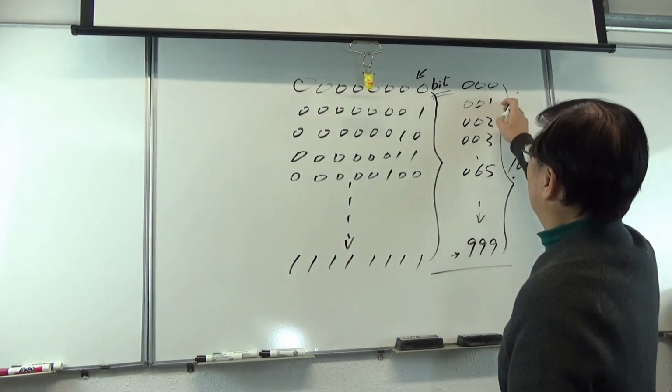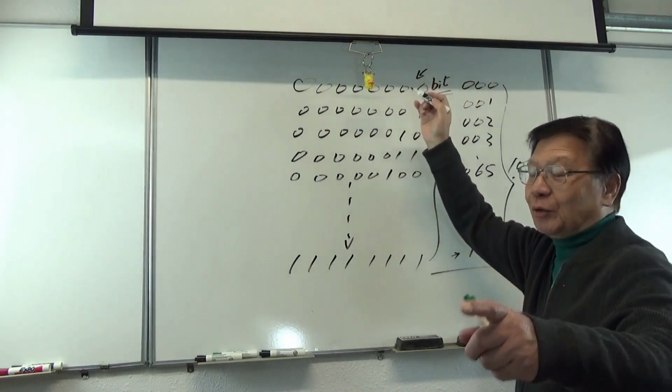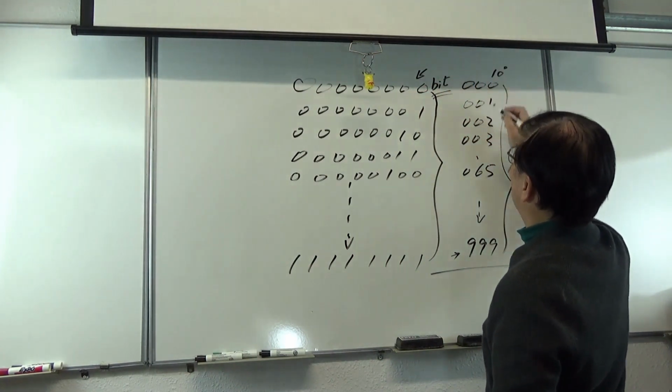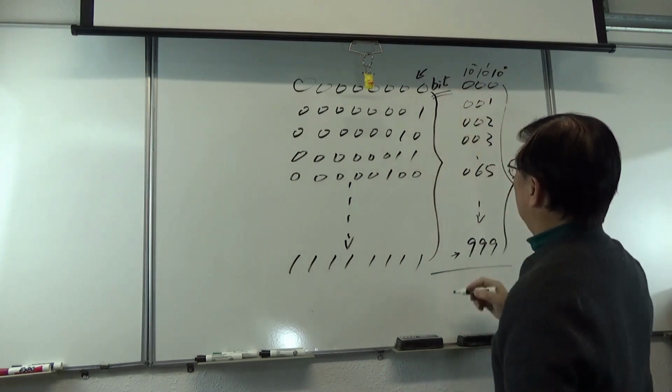Got the idea and then apply the idea to the new system. Now here, this digit is what? Okay, go back to high school. This digit is 10 to the 0, 10 to the 1, 10 to the 2, right?